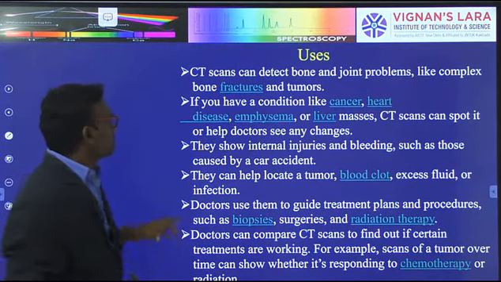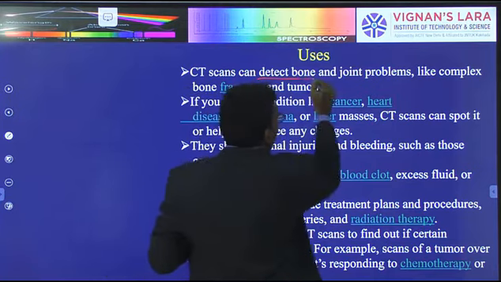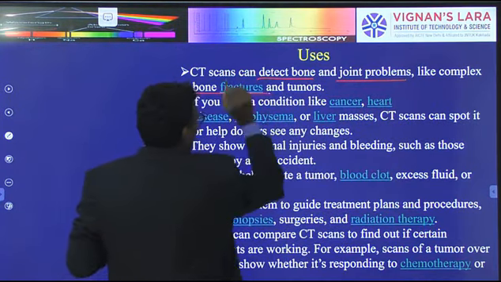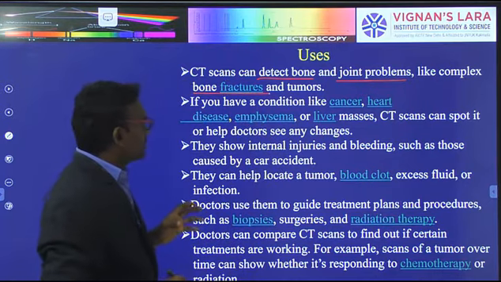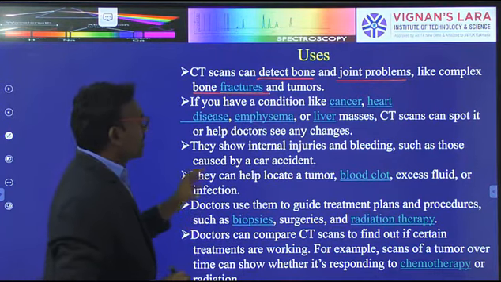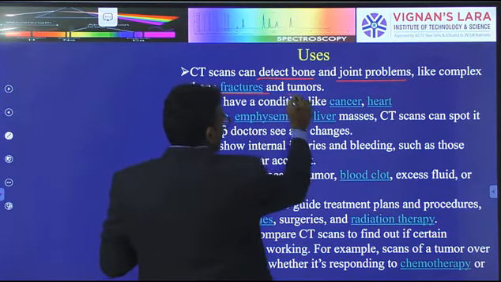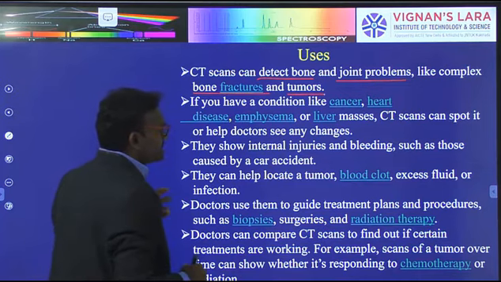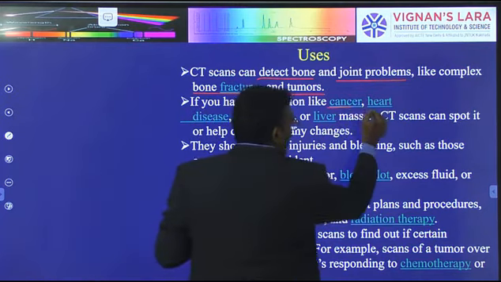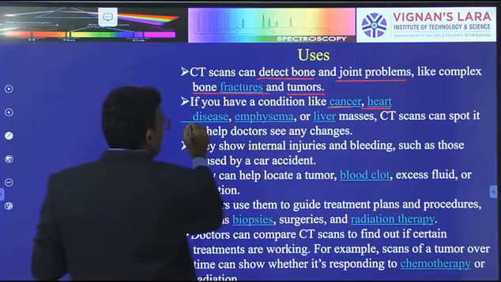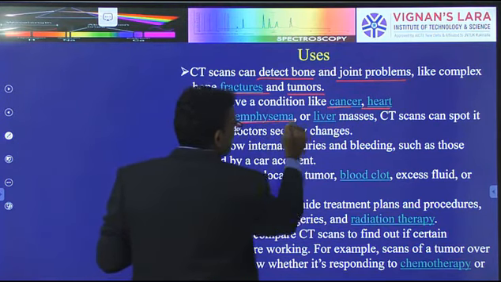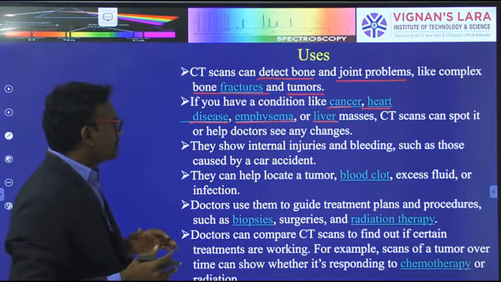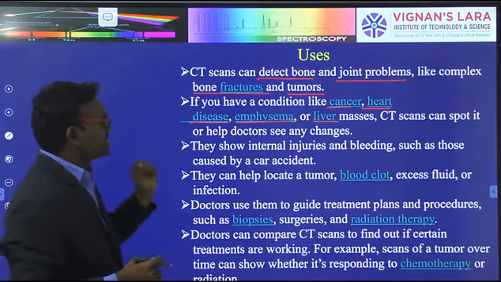CT scan uses. A CT scan can detect bone and joint problems and complex bone fractures. Any fracture in your bones can be detected by CT scan, and any tumors present in the human body are also detected. If you have conditions like cancer, heart problems, and disease of the liver, they can be detected by CT scan.